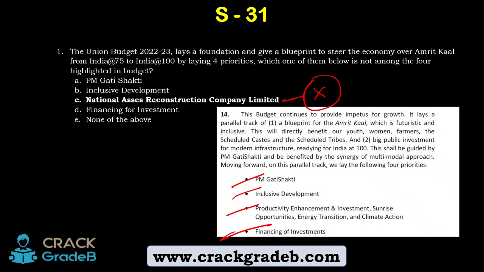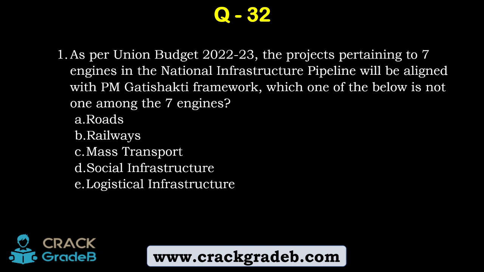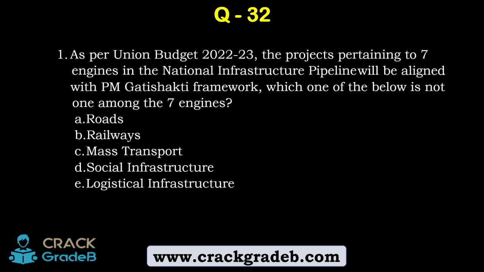Right? Let's move forward. As per Union Budget 22-23, the projects pertaining to 7 engines in the National Infrastructure Pipeline will be aligned with the PM Gati Shakti framework. One of the below is not among the 7 engines? Roads, railway, mass transport, social infrastructure or logistical infrastructure.